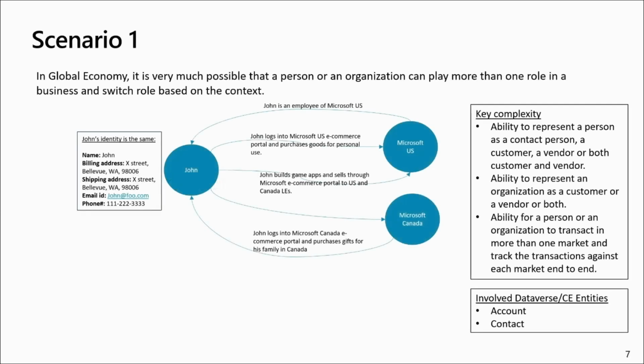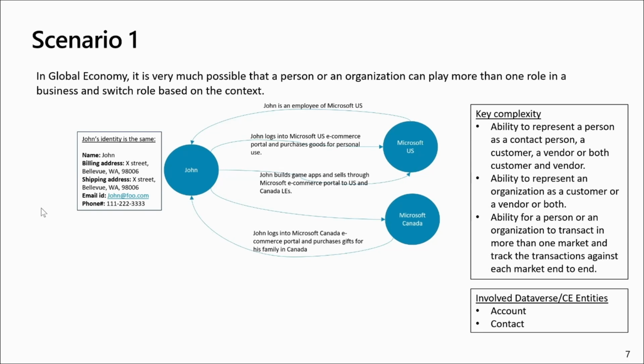The first scenario is where a person or an organization can play more than one role in a business, and he or she will need to switch roles based on the context.